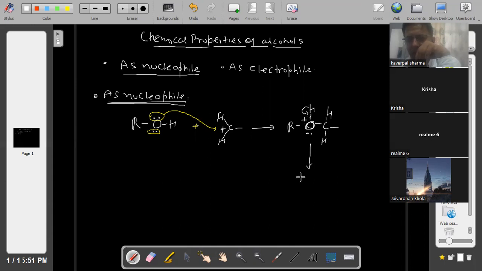These are deprotonation: R O and C H H plus H R. This step is called deprotonation because this carbocation, when it gains the electrons from ROH, the addition of electrons here, nucleophile, and this hydrogen will give its electron to the electron deficient oxygen as it is more electronegative, and this step is called deprotonation.